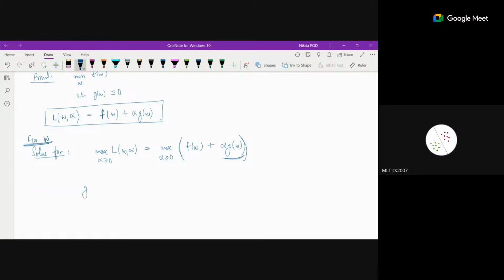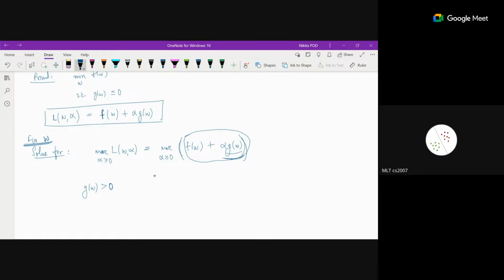So if we say my g of W is positive, that is greater than 0, and my alpha can take any positive value, and g of W is also positive, then if we want to maximize f of W plus alpha g of W, it can go up to infinity, right?